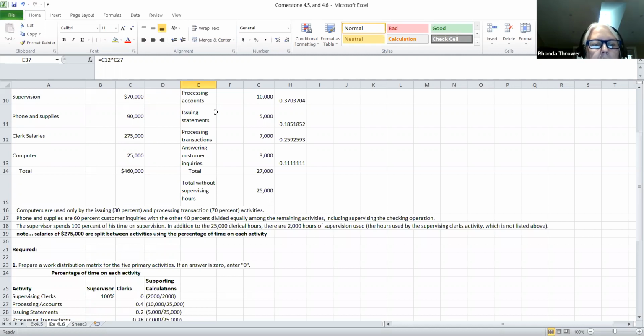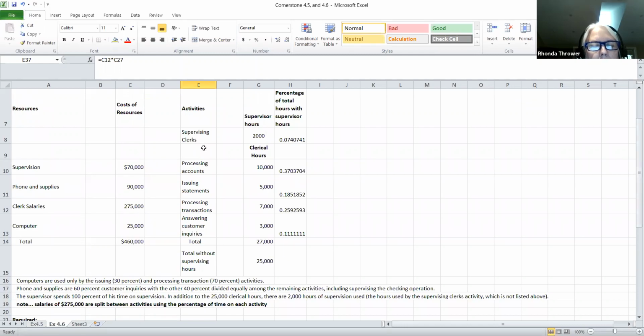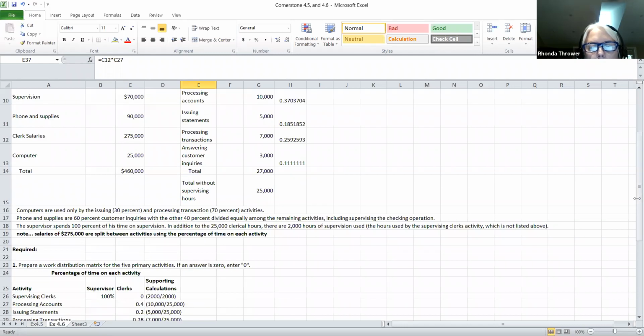We had processing accounts, issuing statements, processing transactions, and we even had supervising clerks that would be a part of this dividing of that remaining 40%. So the remaining 40% of the phone and supplies amount is divided equally among the remaining activities, which includes the supervising activities.